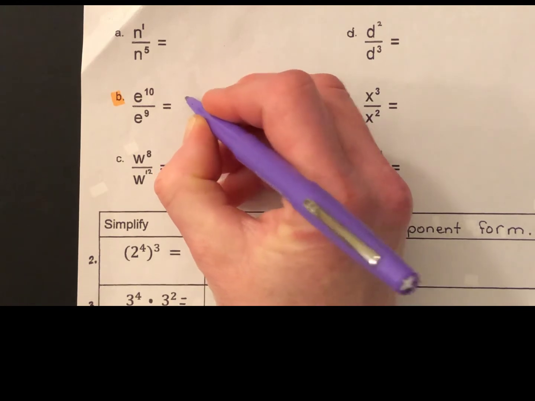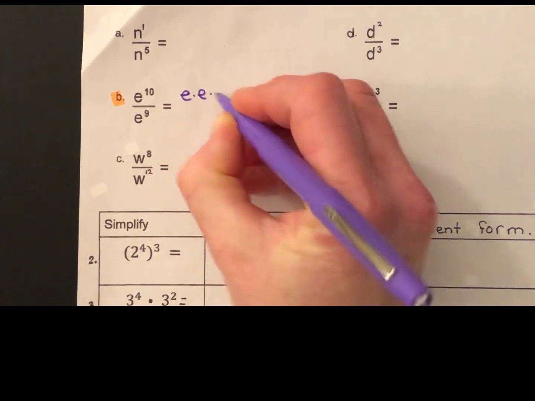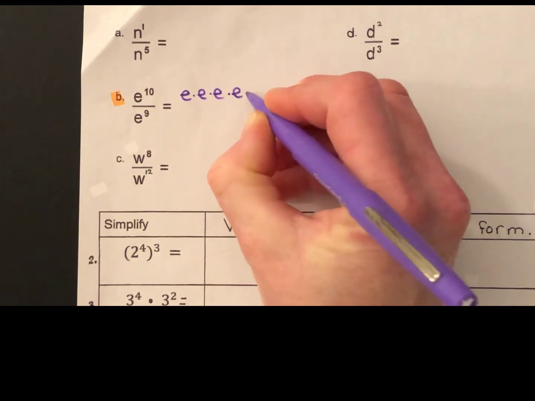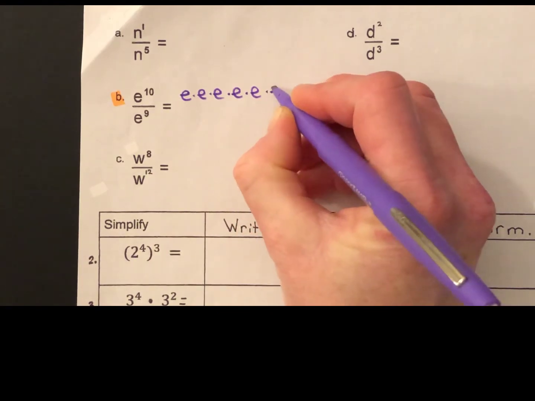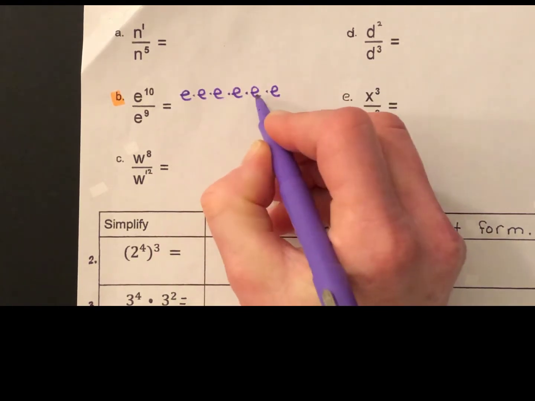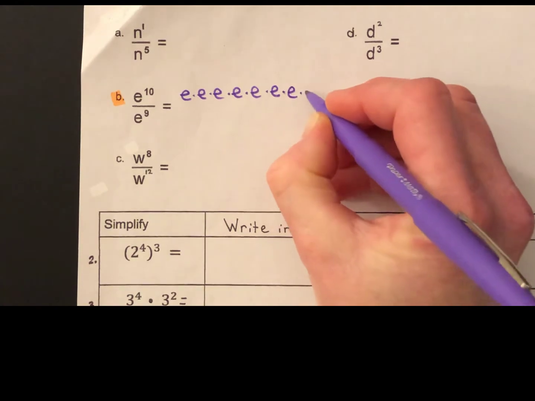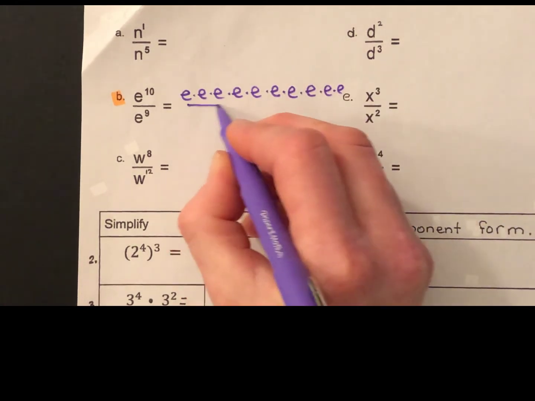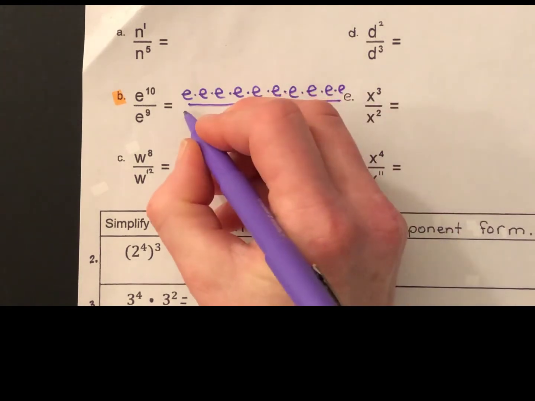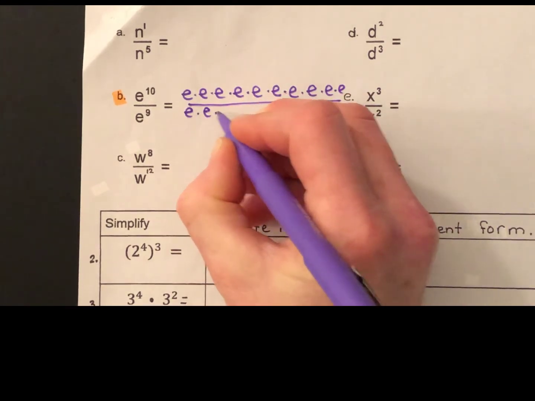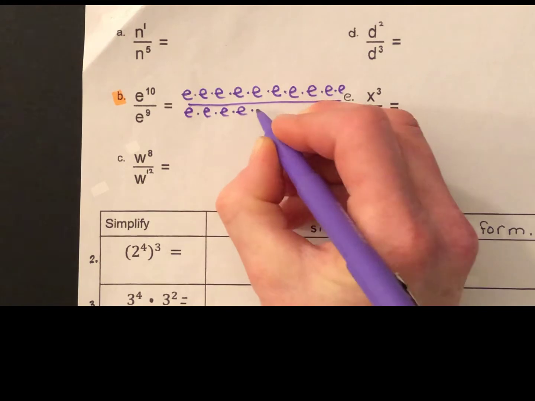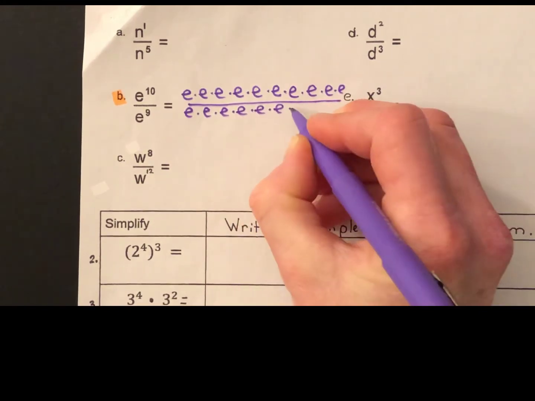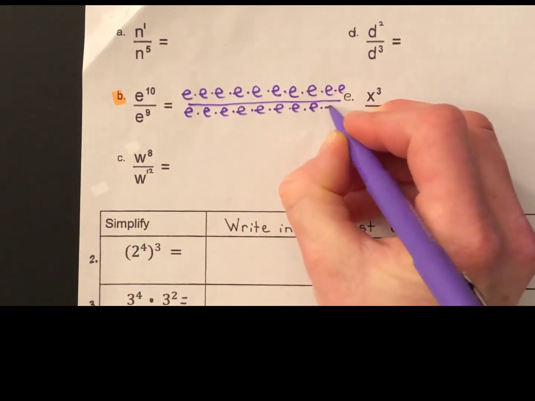I would write this out as E times E times E, ten E's in all, over E to the 9th, which is nine E's.